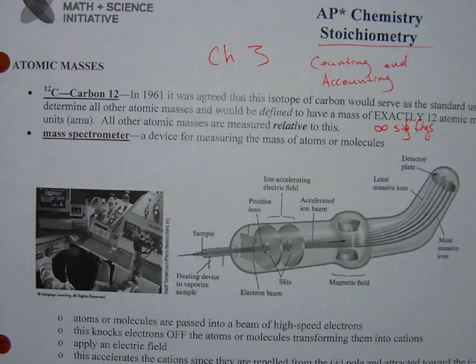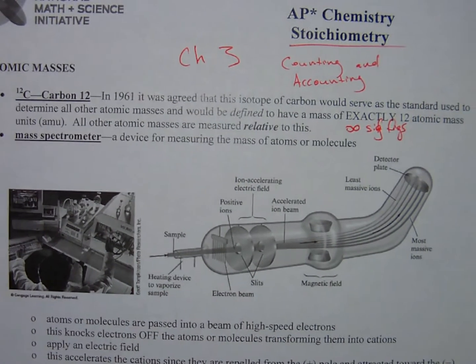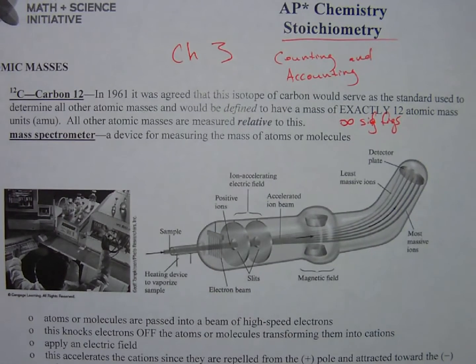Remember it by if it's a definition or a count number, it's considered to have an infinite number of significant figures. So that 12 wouldn't hold you back in terms of sig figs. Defined to have exactly 12 AMUs.